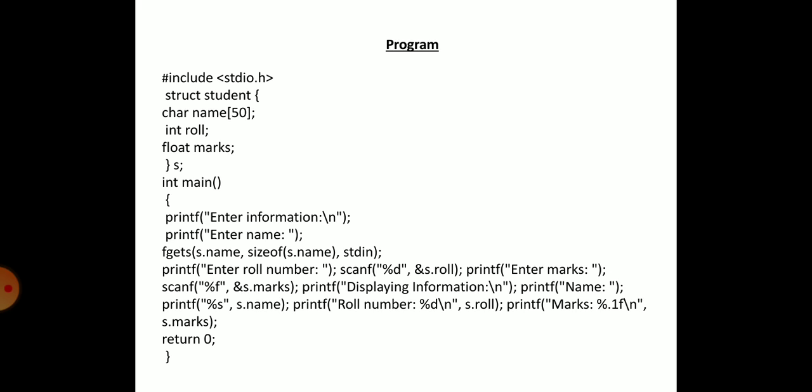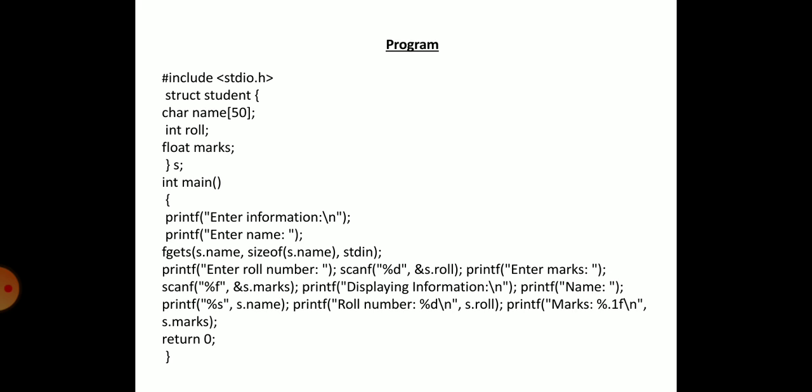Let's see an example program to demonstrate the use of structure. As we have seen in the example of declaring a structure, we have used the same structure here also, struct student. Here struct is the keyword and student is the structure tag, that is the name of the structure.